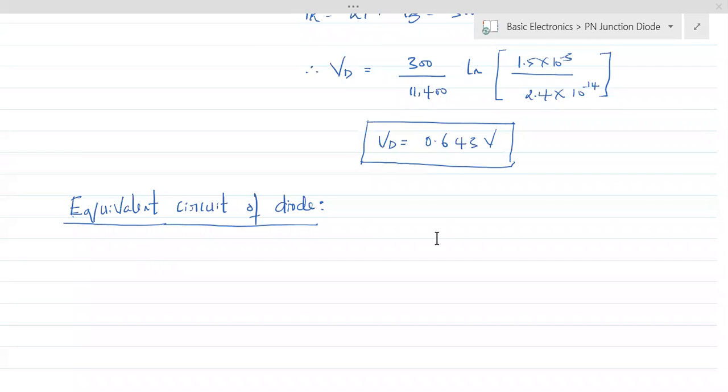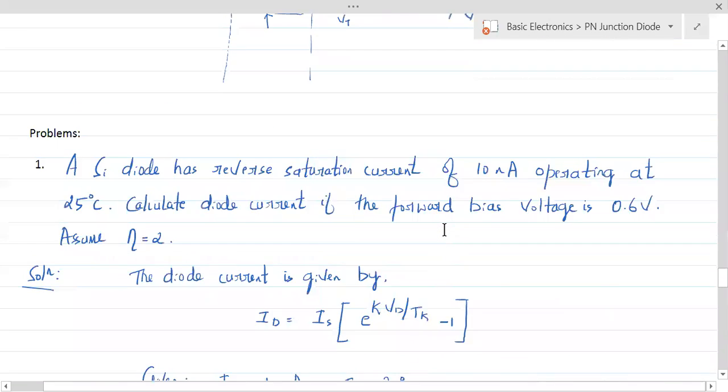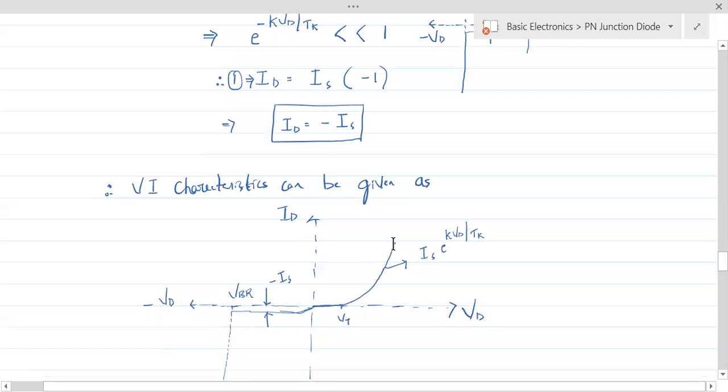See here, how was the VI characteristics? We have exponential current here, isn't it? It is exponential. So let's just consider this diode in forward bias mode, and let's approximate this VI characteristics by straight lines.